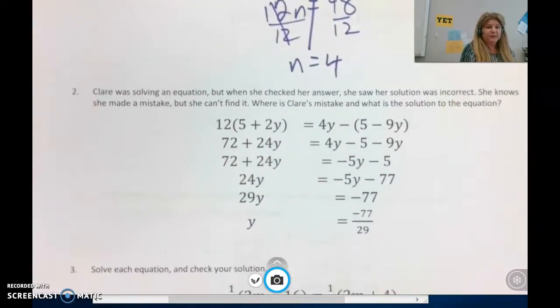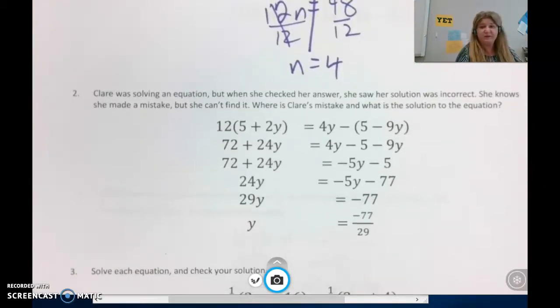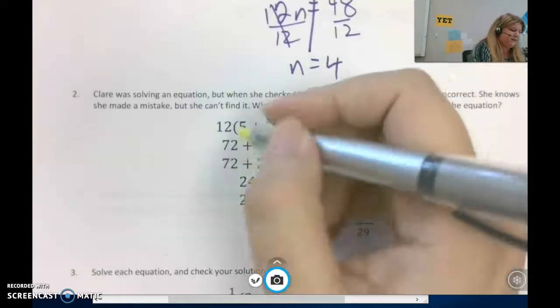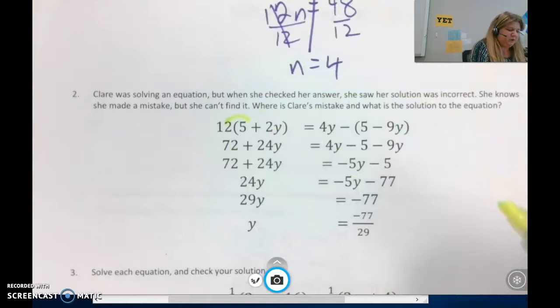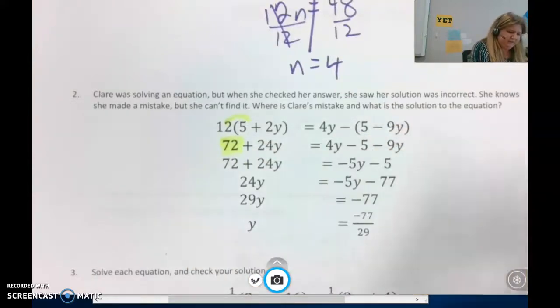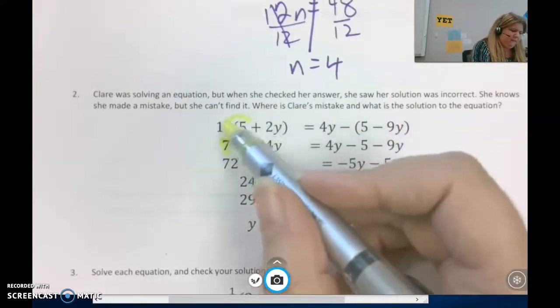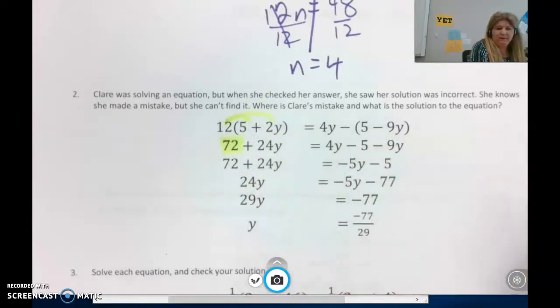On the next question, we have Claire, and she's solving an equation. She realized her solution was incorrect when she checked it. So she knows she made a mistake, but she can't find it. So let's see if we can help Claire find her mistake. 12 times 5 is 60, so there's a mistake. 12 times 2y is 24y.